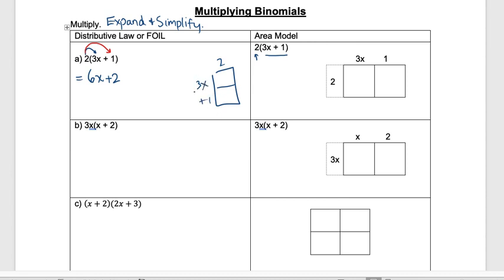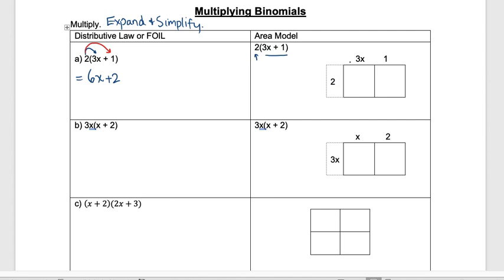It doesn't matter which way. Since 2 is by itself, it'll be the smaller side, where 3x and plus 1 will need their own squares to match up. So I'm going to put the number out in front here, and then the number inside the bracket up here. So 3x and 1 have their own boxes.